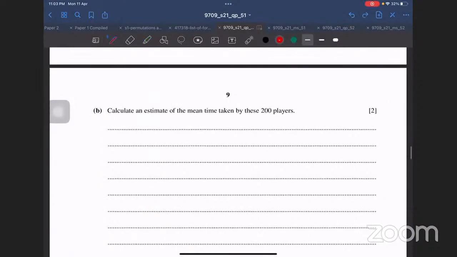Okay, then it says calculate the mean time taken by these 100 players.